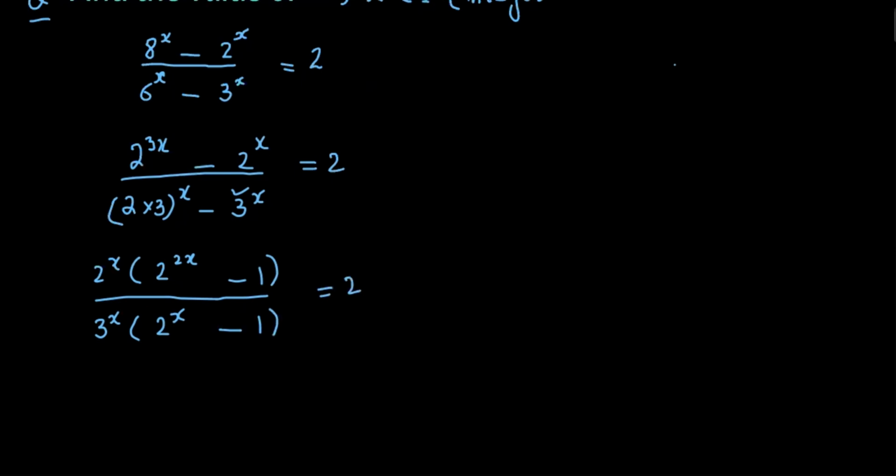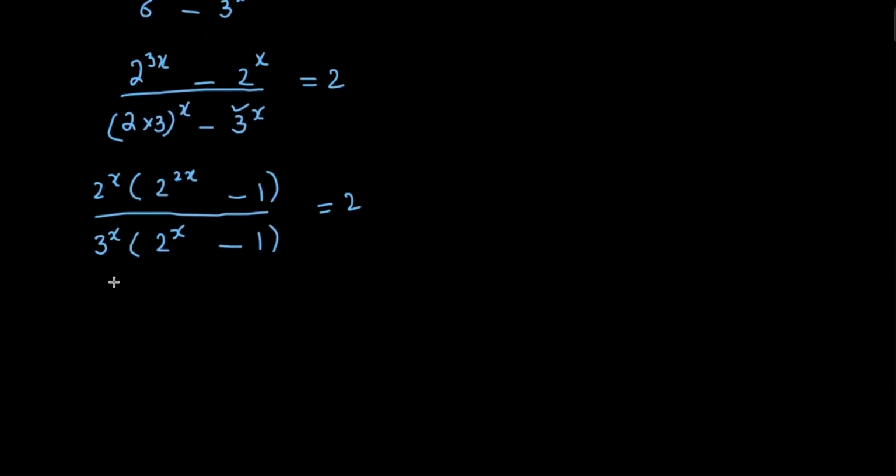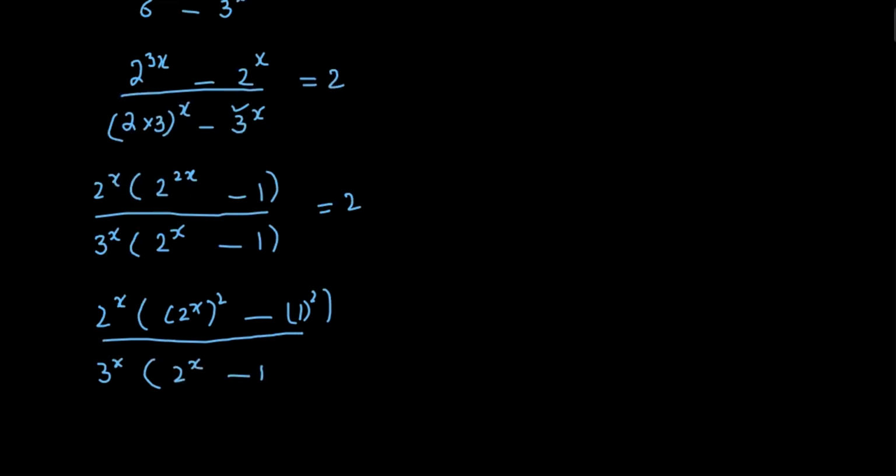This 2 power 2x you can write as 2 power x whole square, and 1 can be written as 1 whole square, over 3 power x as it is, and 2 power x minus 1 as it is, equal to 2.